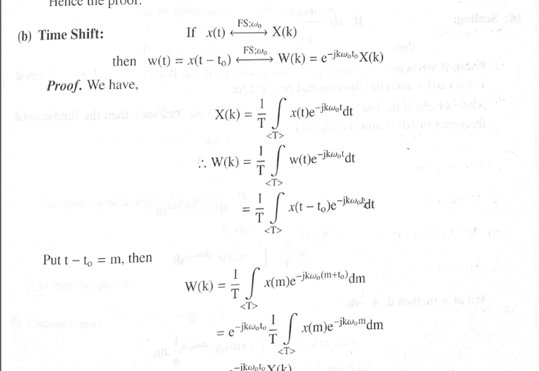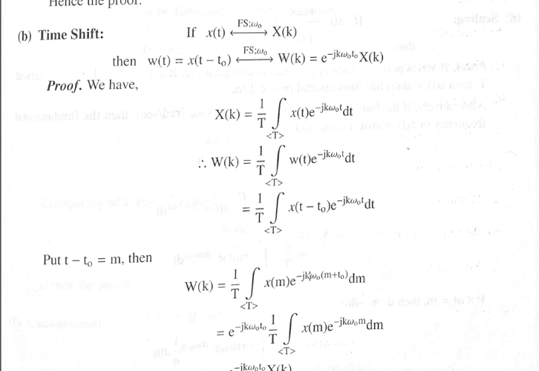So e raised to minus jk omega naught t becomes, up to omega naught no change, but the value of t is m plus t naught. And integration is with respect to dt. Now dm is equal to dt, so we write dm in place of dt. Nothing changes, the same things would be there.